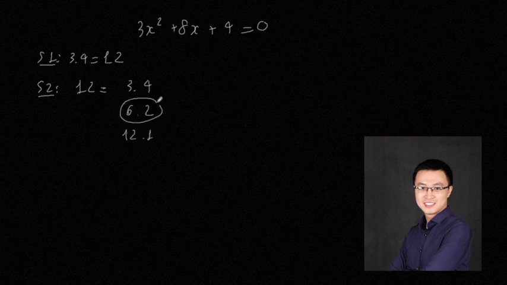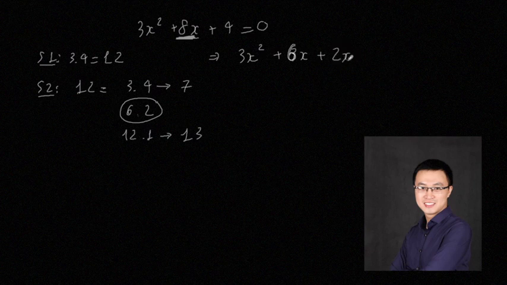I will choose this one, quite easy: 6 add 2 equals 8. We don't choose the other one because the sum there equals 7 and 13. So I will separate 8x into 6x plus 2x, plus 4.